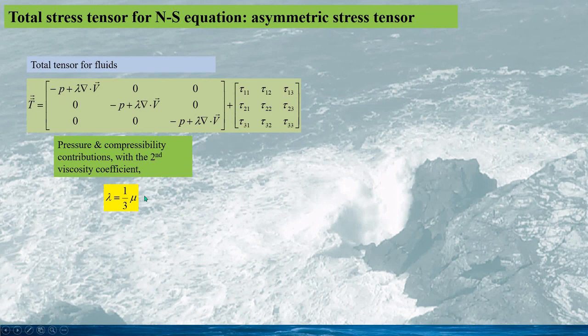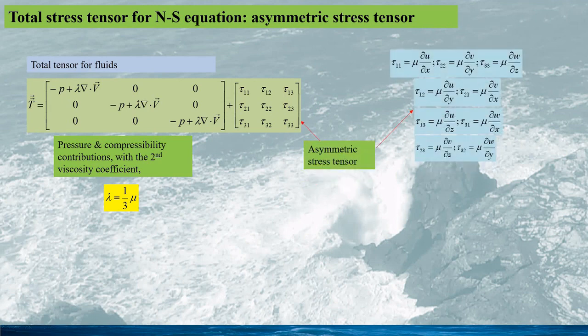And here the second viscous coefficient lambda is given by this coefficient. And the viscous stress tensor is an asymmetric stress tensor. It is derived directly from the fluid motion, rather than the conventional artificial construction of the symmetric stress tensor.